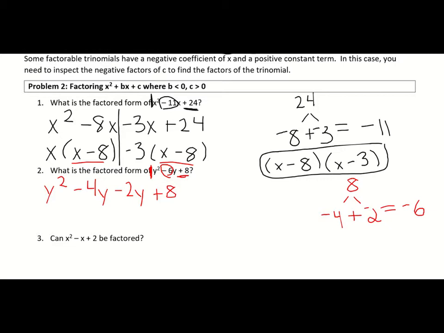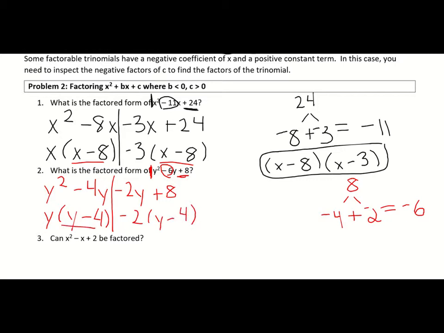I'm going to split the polynomial in half to make two binomials, and I'm going to factor by GCF each one. So on the left, take out the y, so you're left with y minus 4. On the right, take out -2, so you're left with y minus 4.